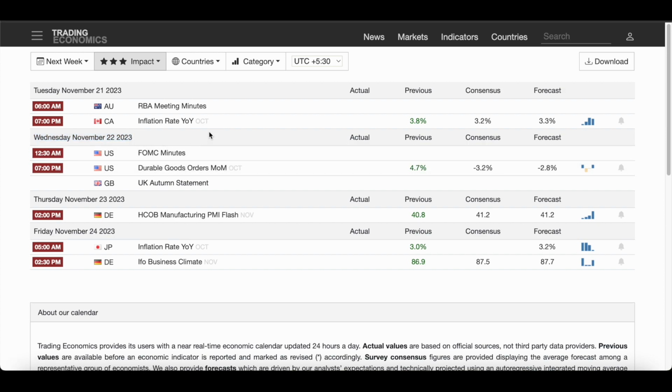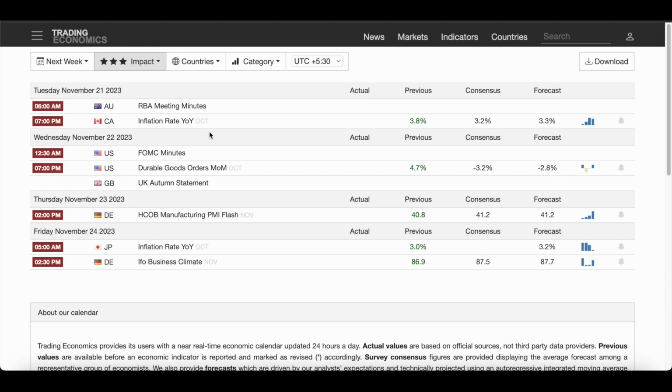And also month on month durable goods orders. Nowadays every data point plays a key role, because the stronger the data points get, the stronger the economy and spending seem to be, and then obviously the Fed has an option to increase the interest rate.